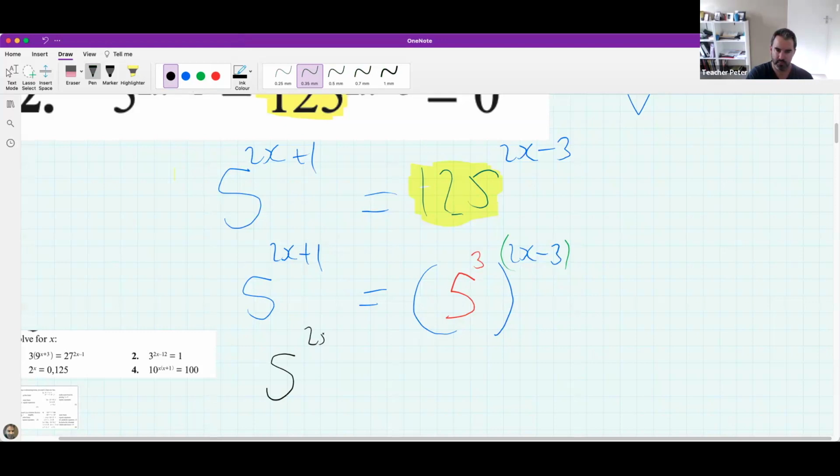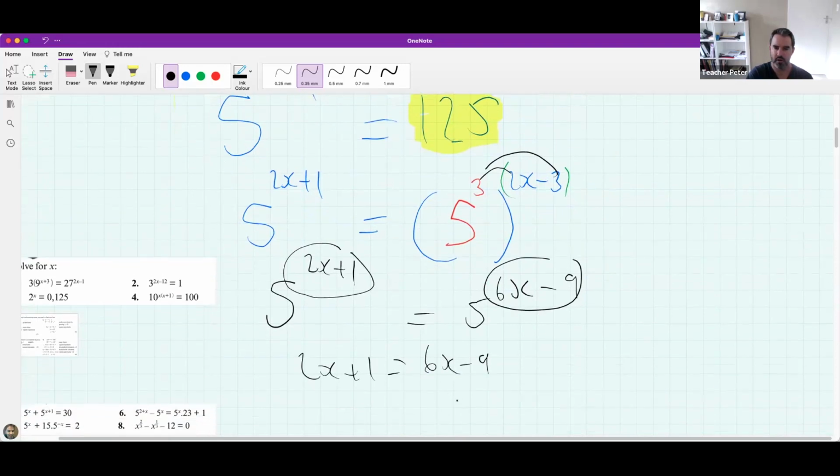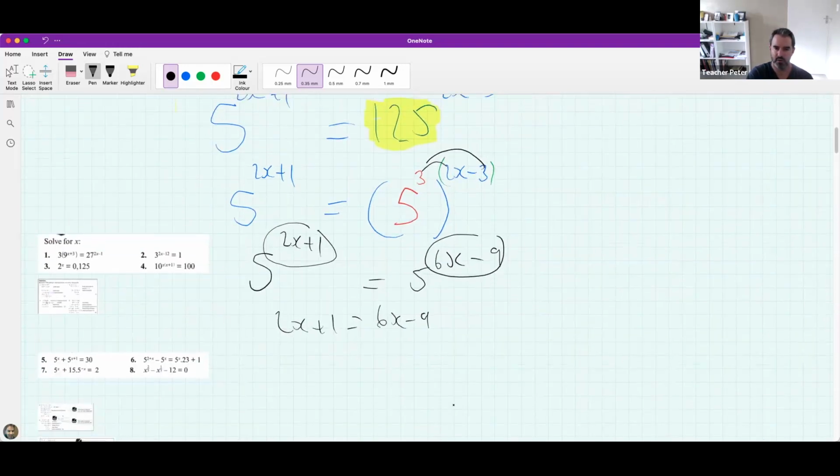I was thinking the 3 needs to get multiplied, so I get that. And then this must be equal to that. So let's have a look at what this looks like.